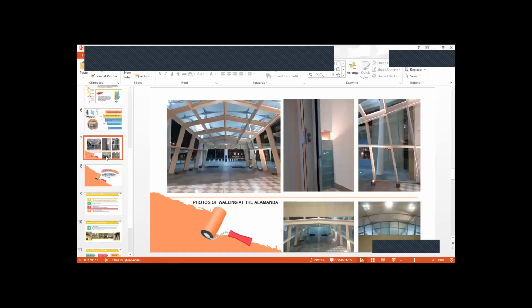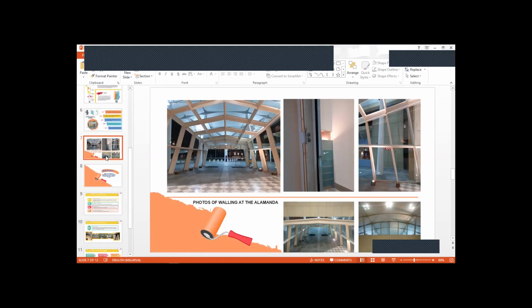As you can see in the picture on this slide, the surface area of the curtain wall is bigger. Why? Because it is located at the main entrance of the shopping mall, so this curtain wall is exposed to direct sunlight.